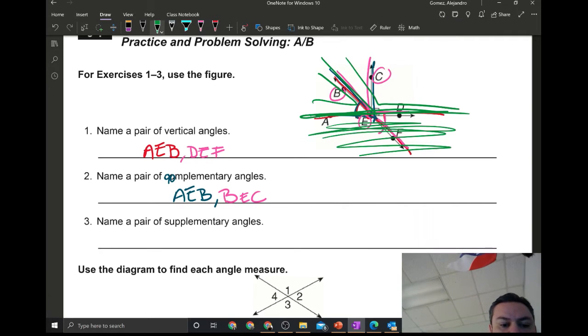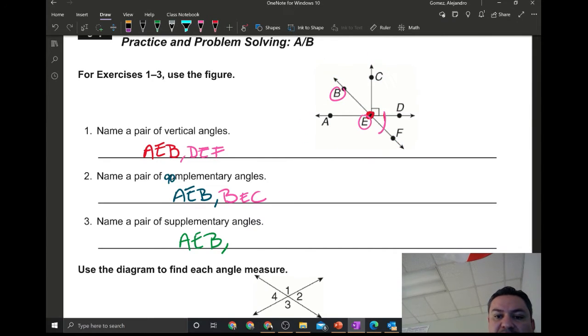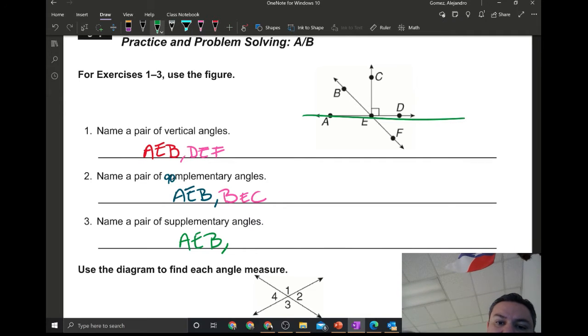So you can have A, E, B, and the other one is going to go like that, which is going to be B, E, D.